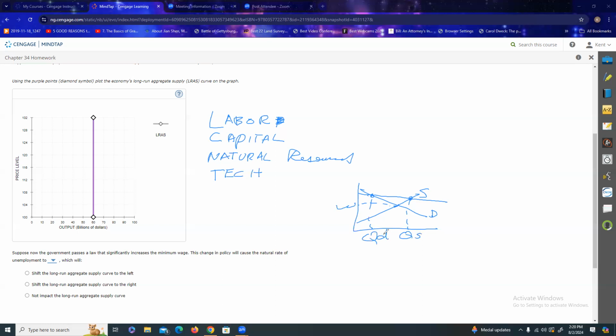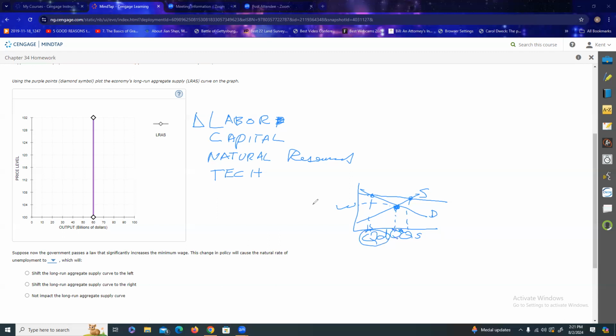Quantity supplied exceeds quantity demanded. That surplus of labor we call structural unemployment. Before the minimum wage, there's the original equilibrium, and that much labor is available. But now the quantity demanded of labor falls to here, so we've got that much available. So the change in labor has fallen.